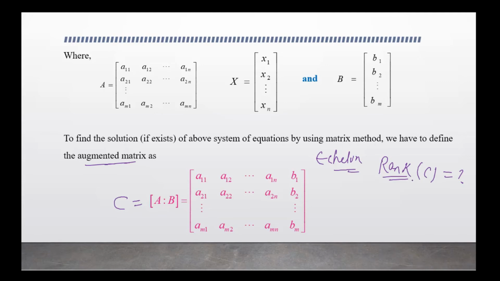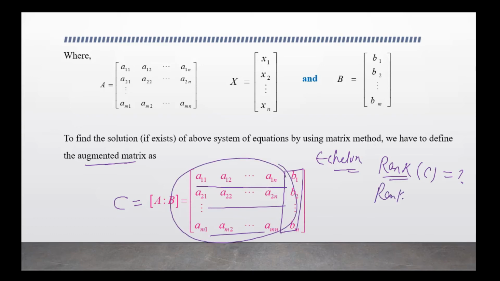After getting the rank of C, just delete the B matrix from here, focus only on the matrix A and find the rank of the matrix A also. The solution of the problem always depends upon these two ranks.